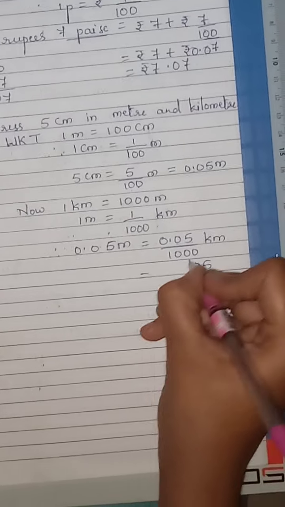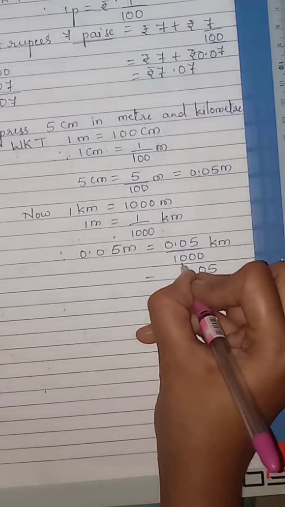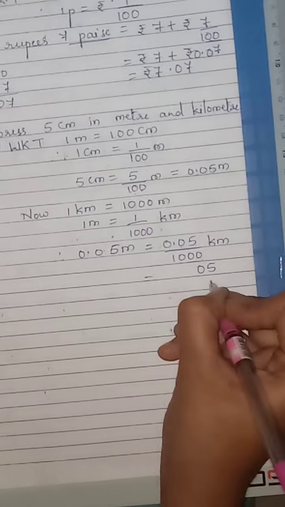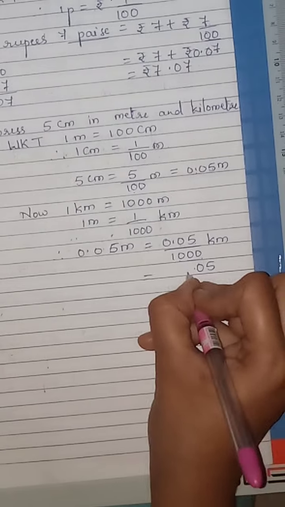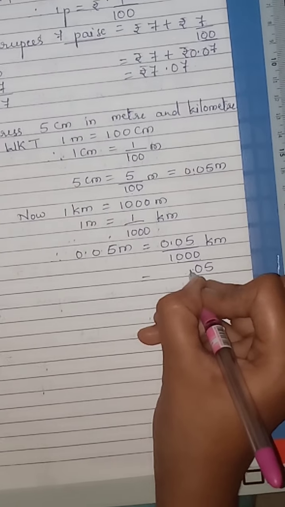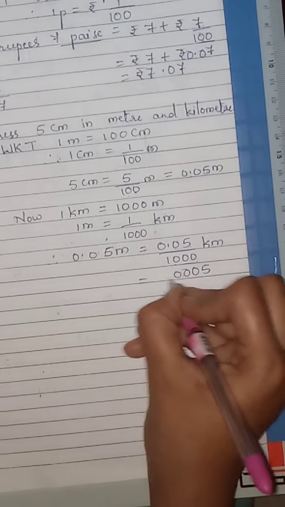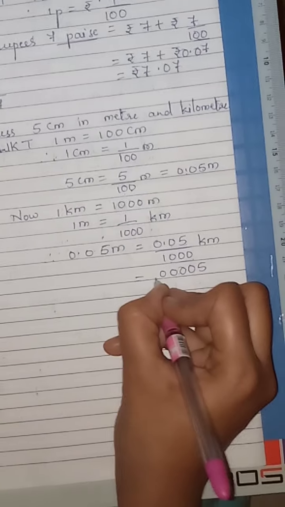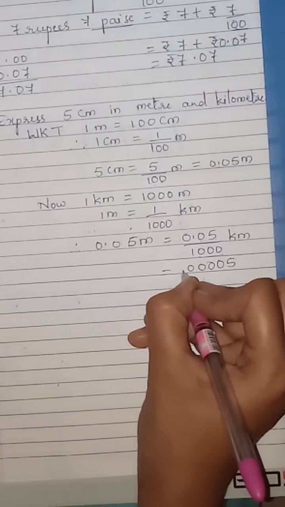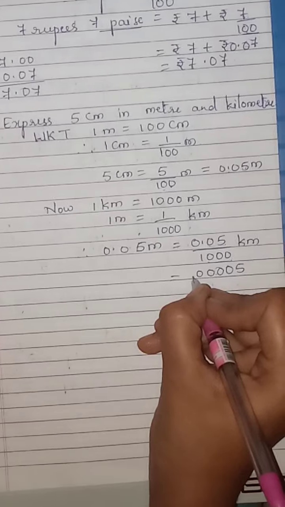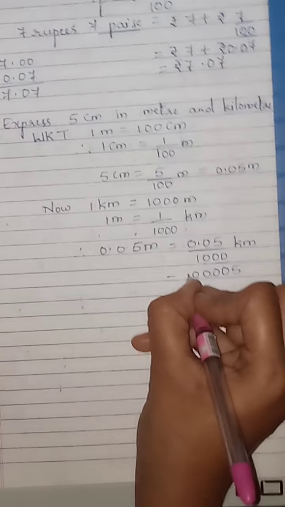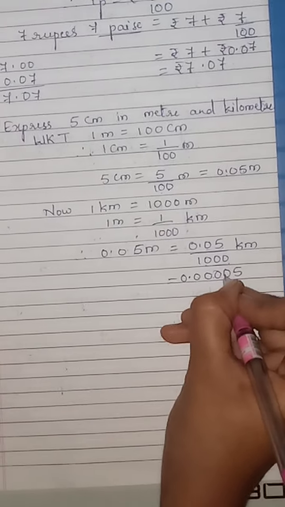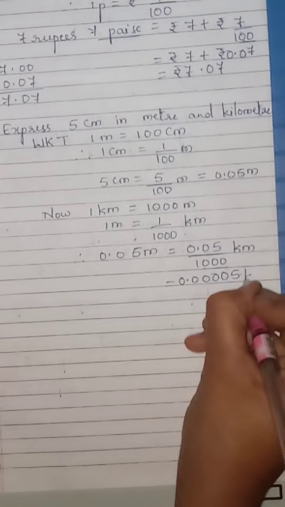Here 3 zeros are there. Again you have to add 3 more zeros here. That is 0.00005 kilometer.